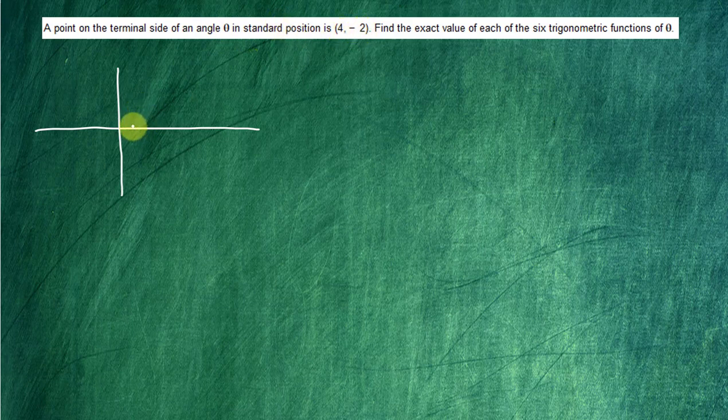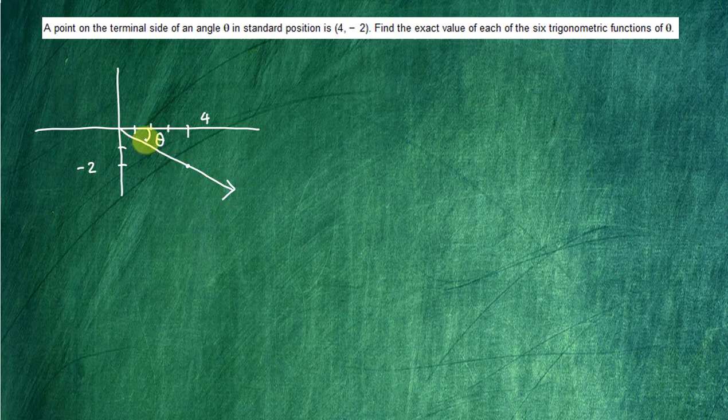So 4 is on the x-axis, 1, 2, 3, 4, and then minus 2 is on the negative y-axis. So that point is right here. Now if we connect the line to that, we should have the angle theta here. Okay, so this is the angle that we are looking for.